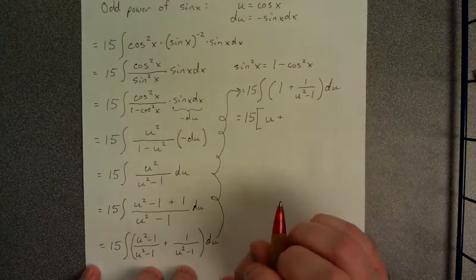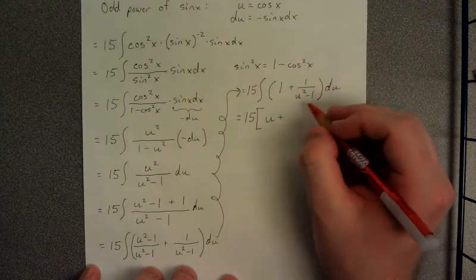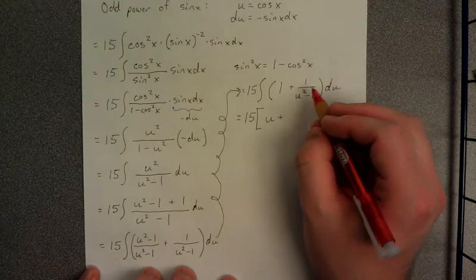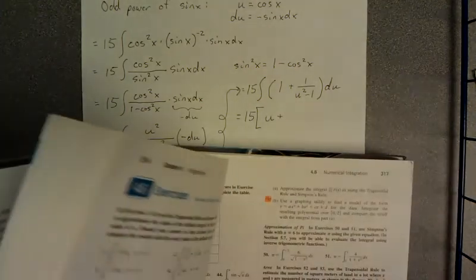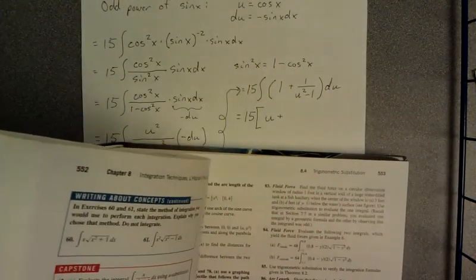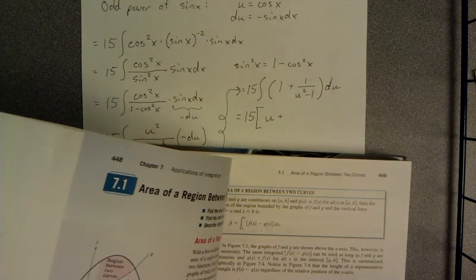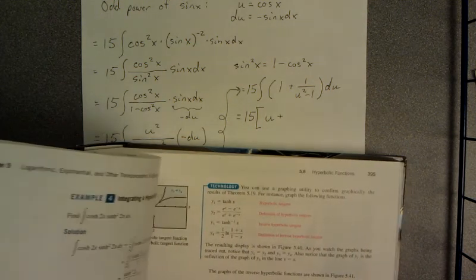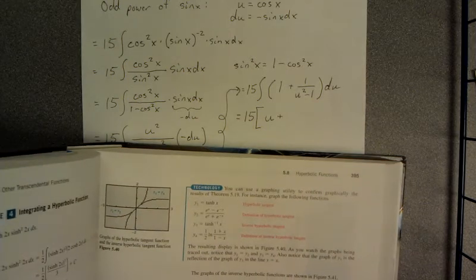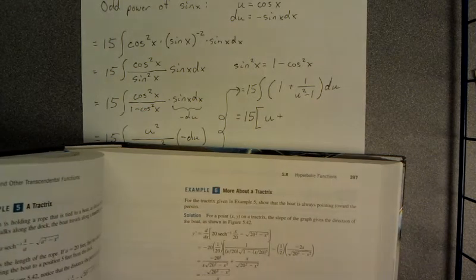Question is, which one? I'm fairly confident we came up with 2 of them. I'm going to reference my book though, because I like to be absolutely sure about these things. Let's see. Section 5.8, section 5.8. There we go. We have some inverse hyperbolic functions in here.